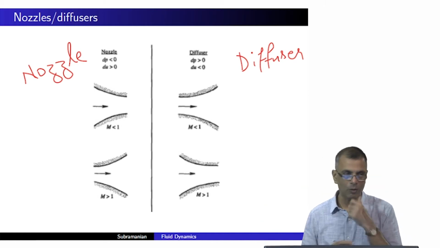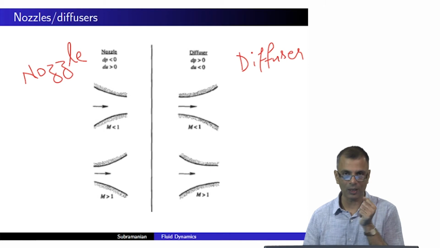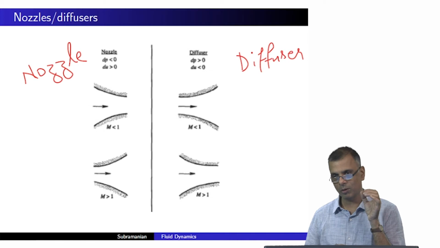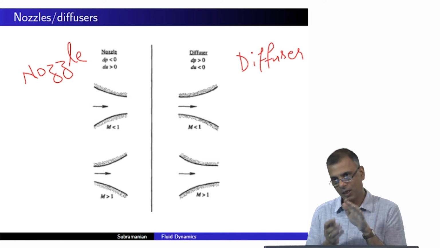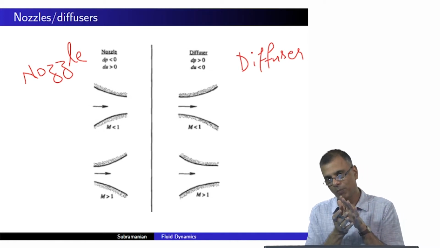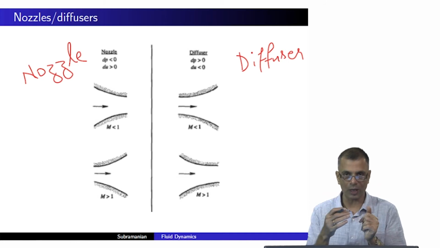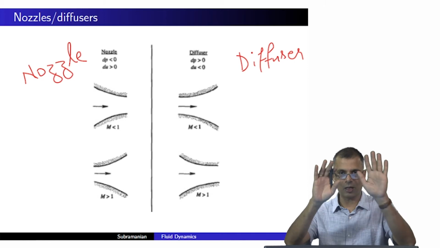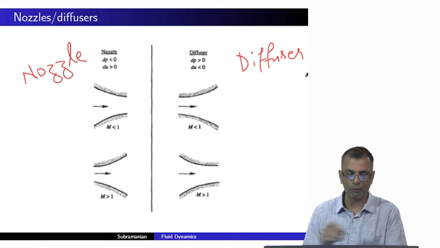For instance, if you were trying to spray paint something, you don't want a nozzle, right? If you're trying to spray paint, what you do is you inject the paint at high velocity, and then you want the paint to diffuse when it flows out, so that the droplets nicely diffuse and they cover a large area. So that's what a diffuser is, right?